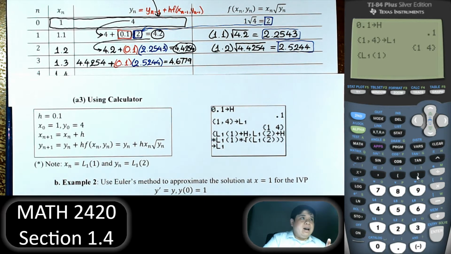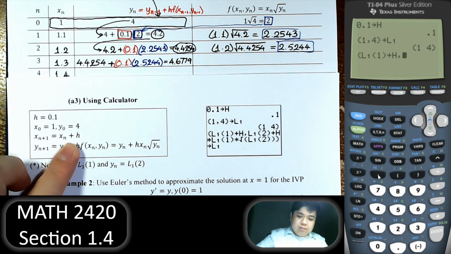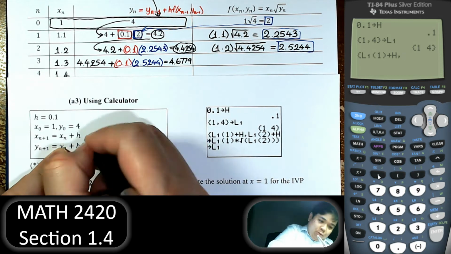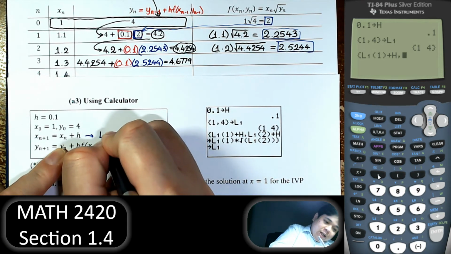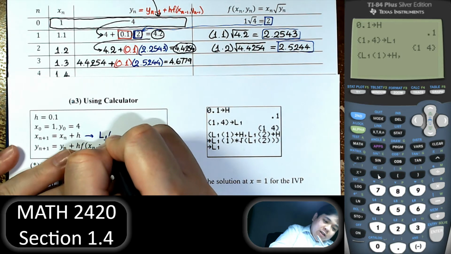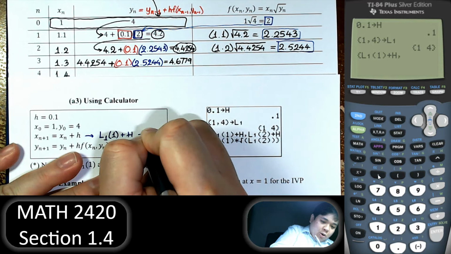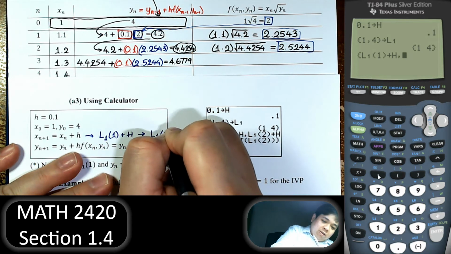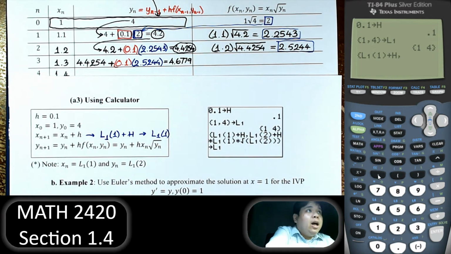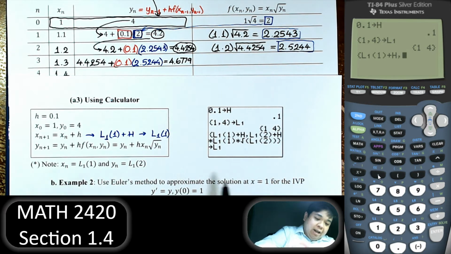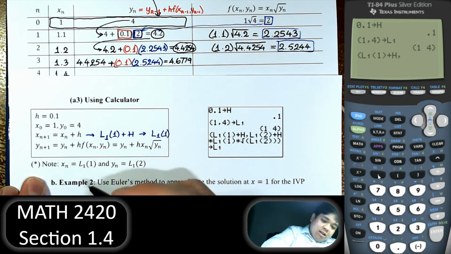So that is the old x value. We're going to add h. So if we do that, the first component of the list is updated by the old component plus h. So we say the first component of the list plus h, stored into the first component of the list. But we're going to do that at the same time. And then the second component of the list.